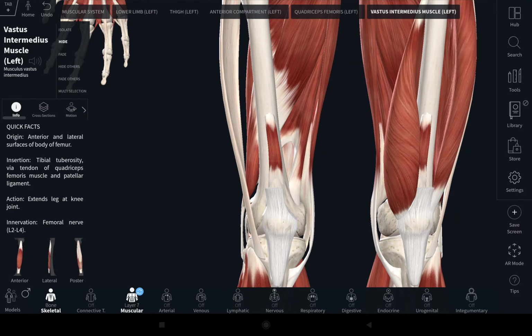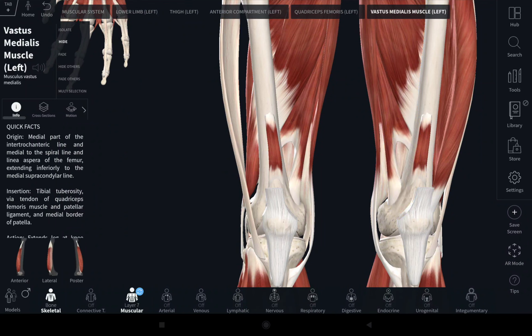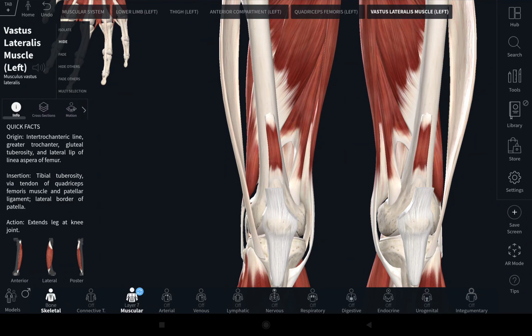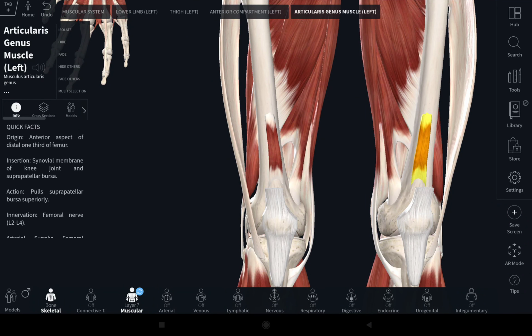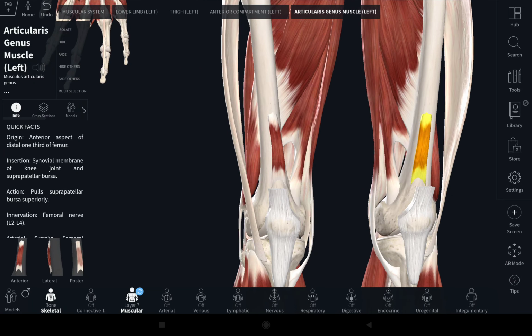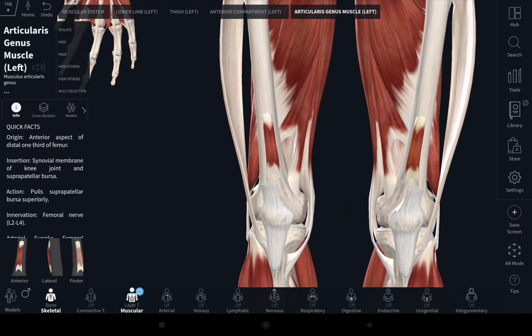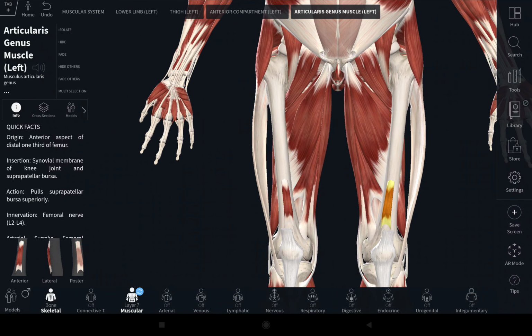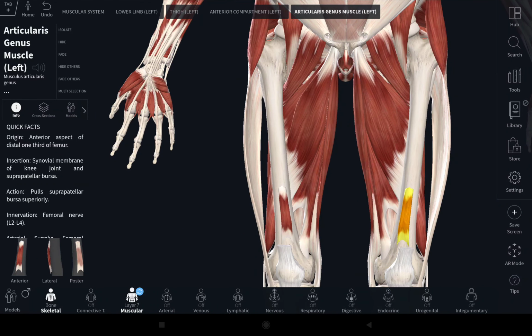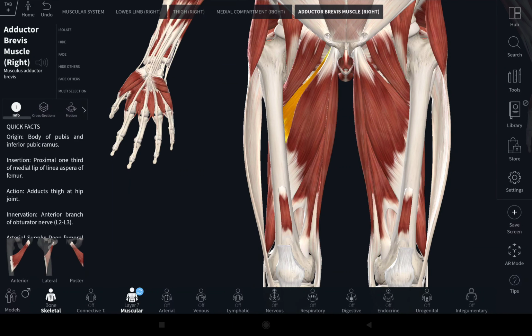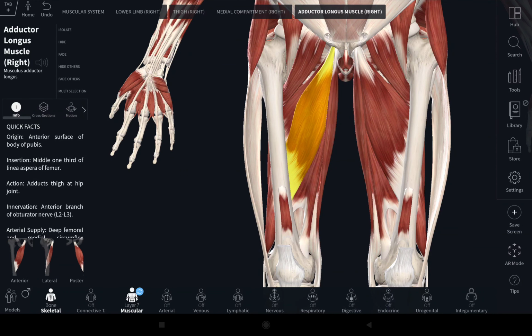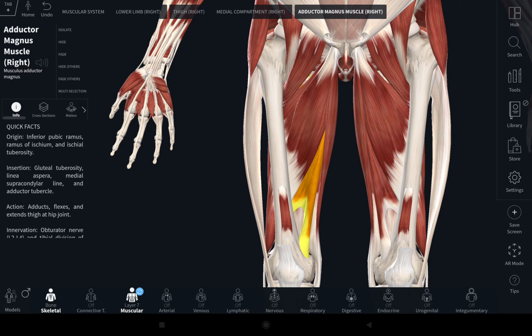Similarly, if we remove the vastus muscle, we clearly see the articularis genus muscle. Then the adductor muscles are now clearly seen. This is the adductor brevis muscle, this is the adductor longus muscle, this is the adductor magnus muscle.